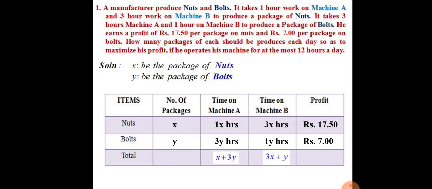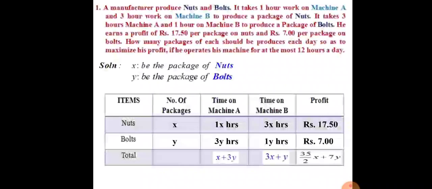And the last one is our objective function. 17.50 can also be written as 35 by 2 x plus 7y. So our objective function is z equal to 35 by 2 x plus 7y, and subject to constraints, the first constraint is x plus 3y and the second is 3x plus y. For the constraints we need inequalities.